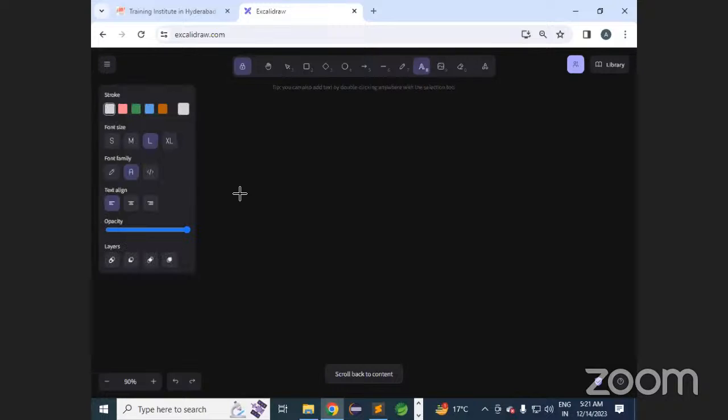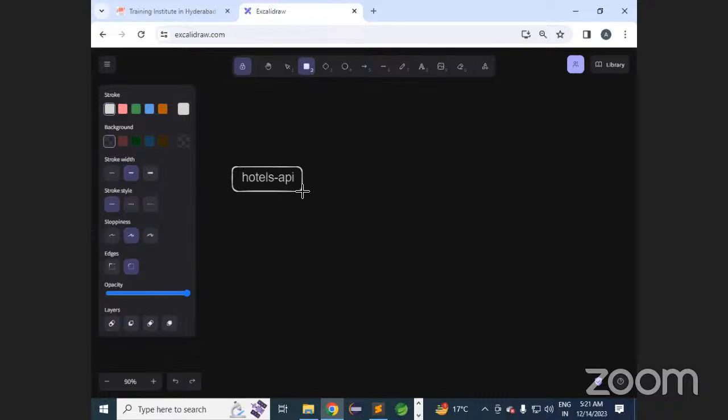For hotels booking, we are going to create one separate project which is called Hotels API. Hotels API is a pure backend application which is a REST API.